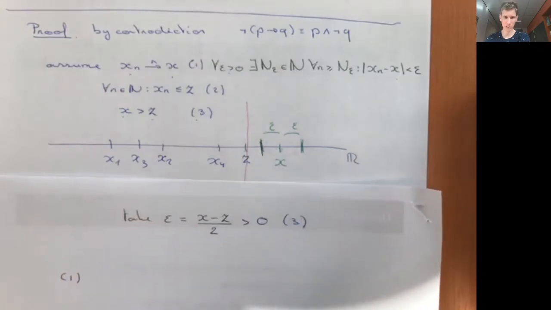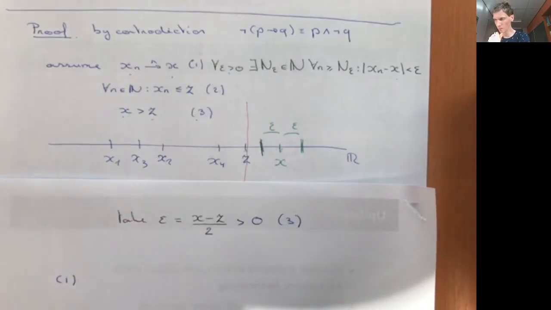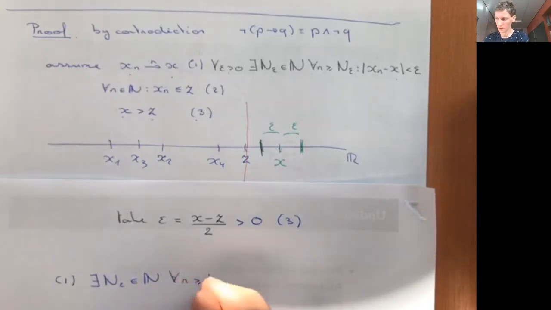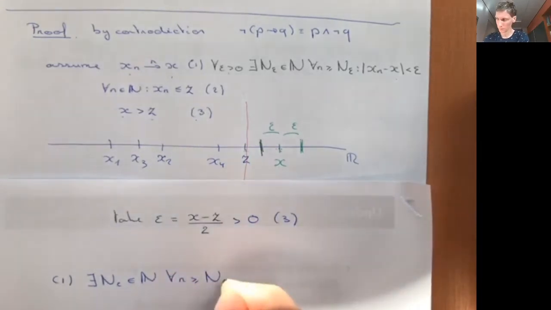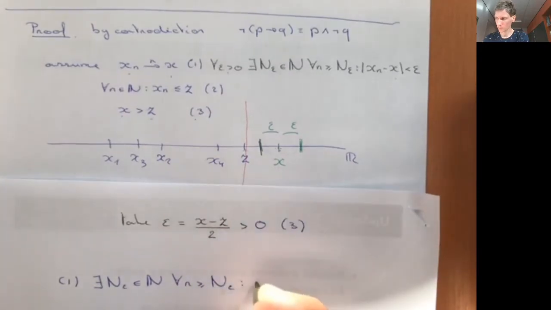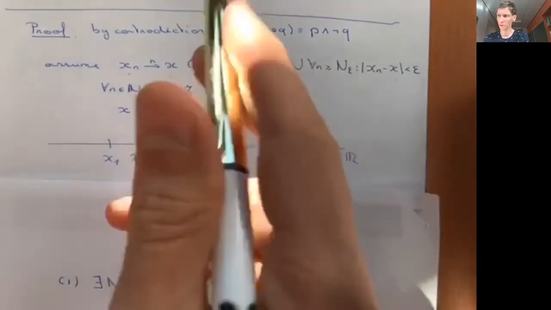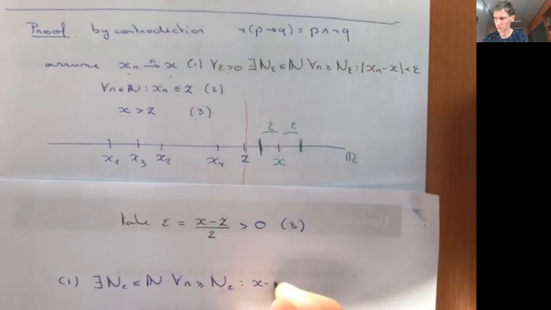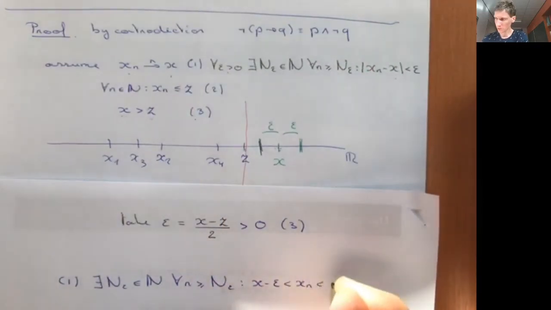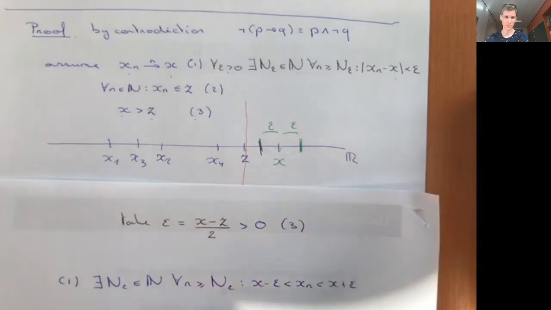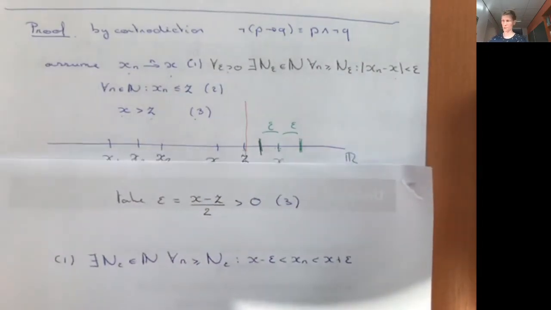So from condition 1, what do we know? Sorry. So we know that there exists a big N_epsilon such that for all n greater or equal to N_epsilon, let me write this in terms of the interval, right? So x minus epsilon is smaller than x_n is smaller than x plus epsilon. Okay.